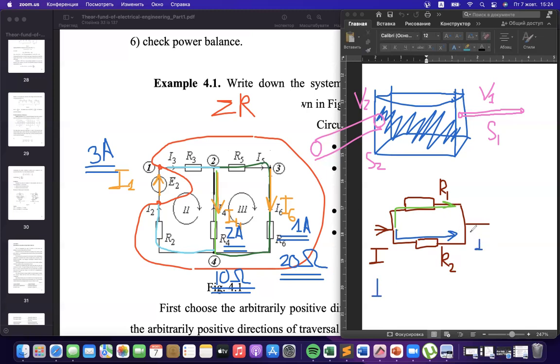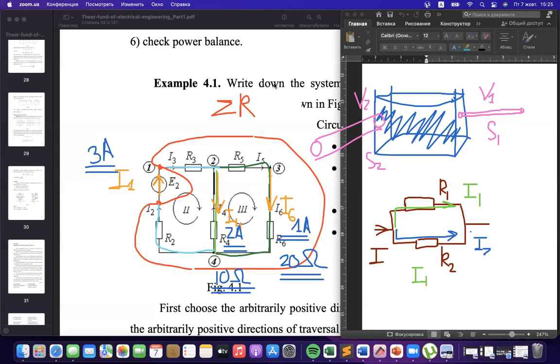If it is current number 2 and current number 1, as the cross-section of a water pipe tells us how simply water will flow through the pipe, then conductivity tells us how simply current will flow through the object.